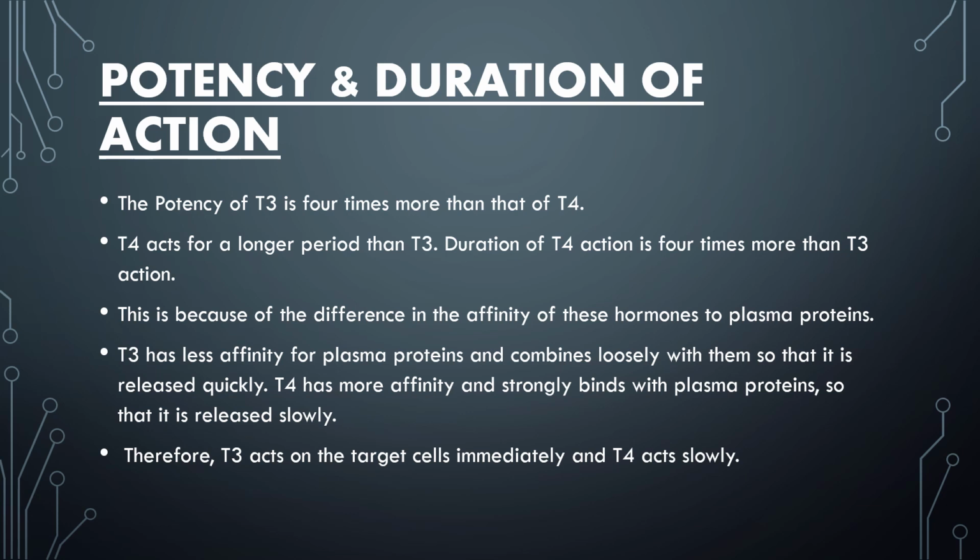Next, we have the potential and duration of the actions of these thyroid hormones. The potential of T3 is 4 times more than that of T4, or what is the other name of T4? It's thyroxine. T4 acts for a longer period than T3.